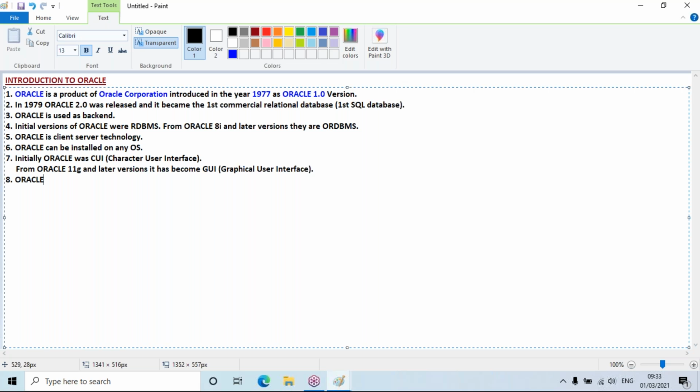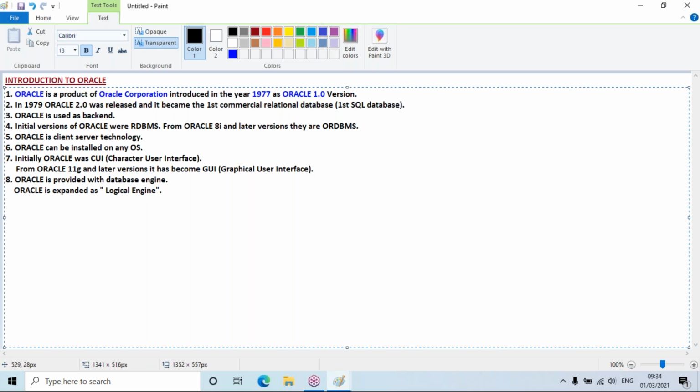Second thing is, Oracle is provided with something called a database engine. Oracle is expanded as what? Even in that Oracle word, the last alphabet E stands for engine. What type of engine is it? Answer: a logical engine.